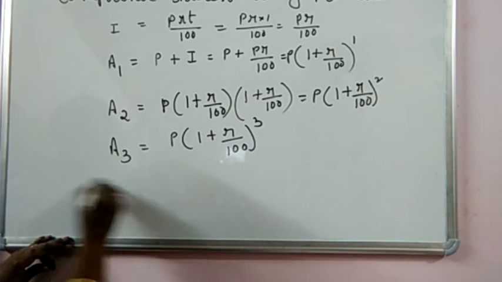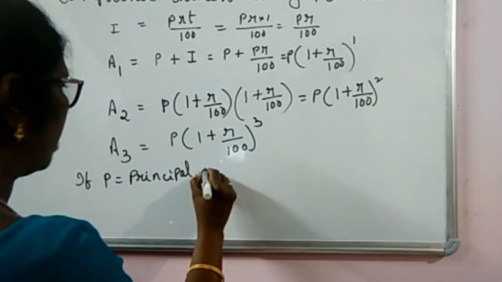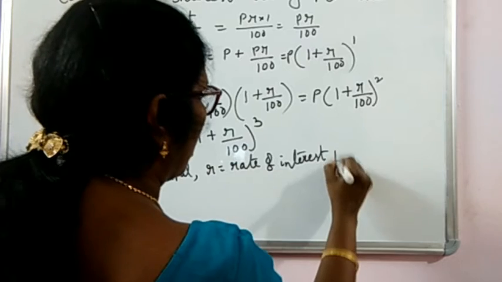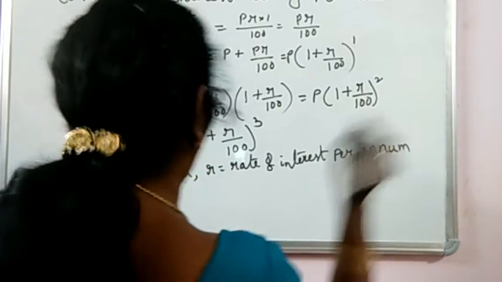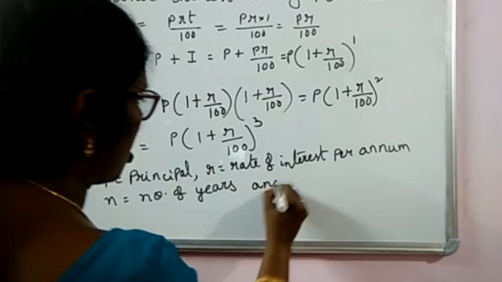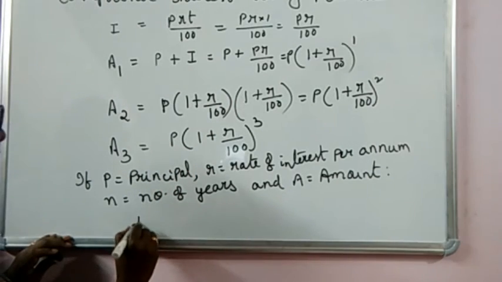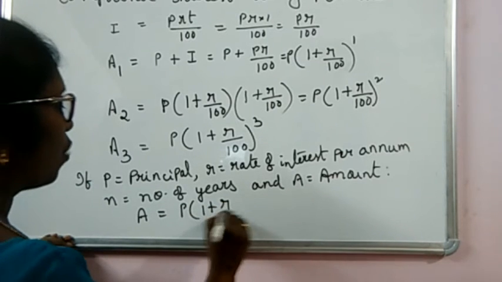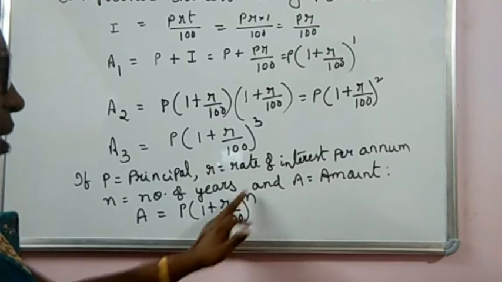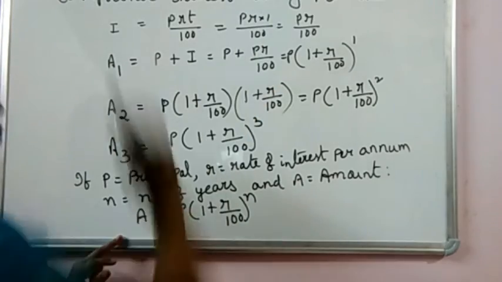If P is the principal, R is the rate of interest per annum, N is number of years, and A is the amount, then the formula for finding amount is P into 1 plus R by 100 whole to the power N. Principal into 1 plus rate by 100 whole to the power N, where N is number of years, gives you the amount. So this is the formula for finding the amount.